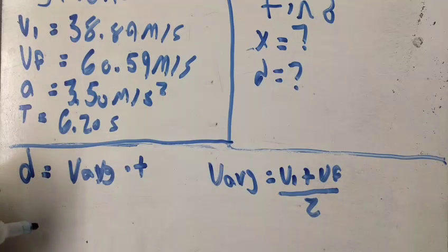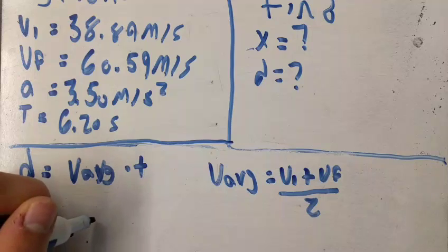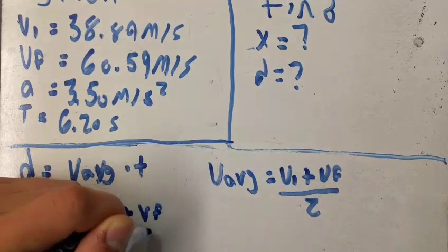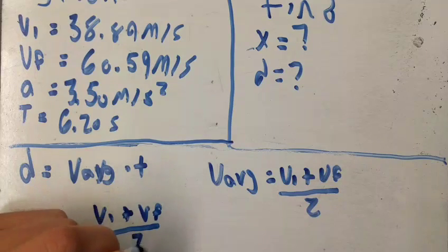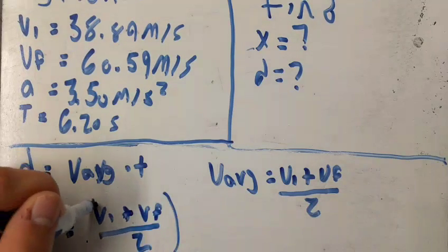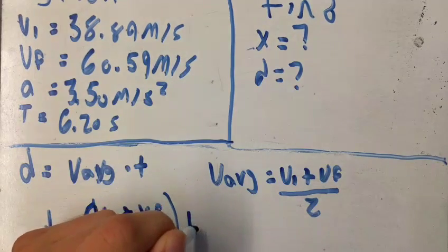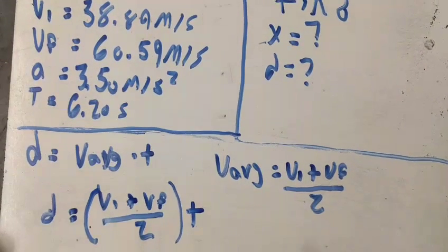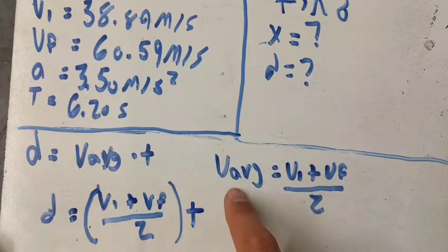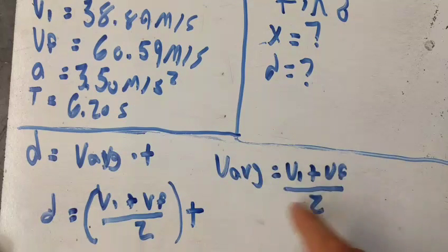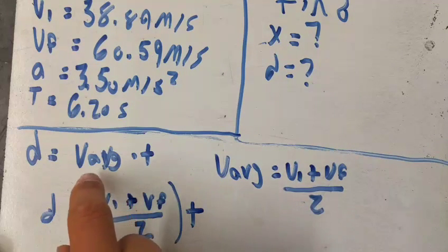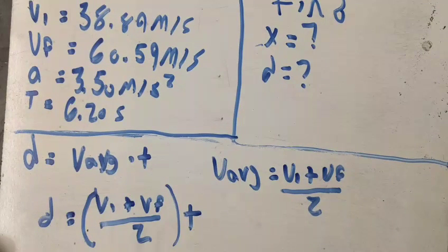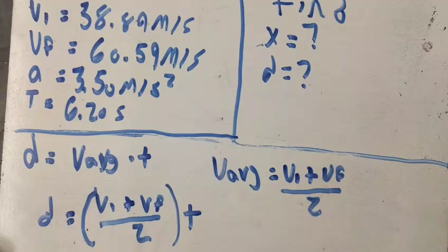It's going to be distance is equal to velocity initial plus velocity final divided by 2 times time. So all we did was replace velocity average with this formula because we had these given values and we didn't have average velocity.